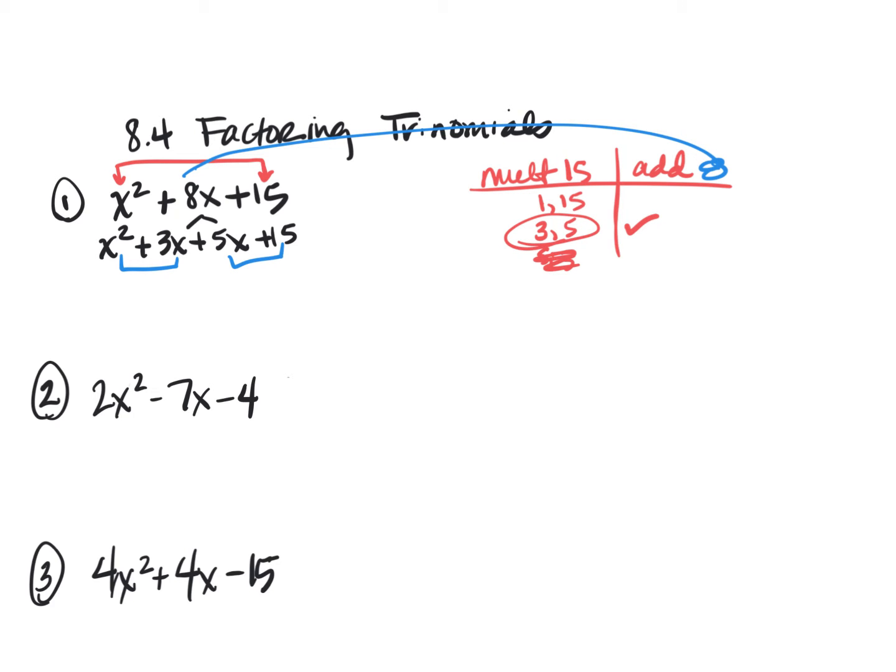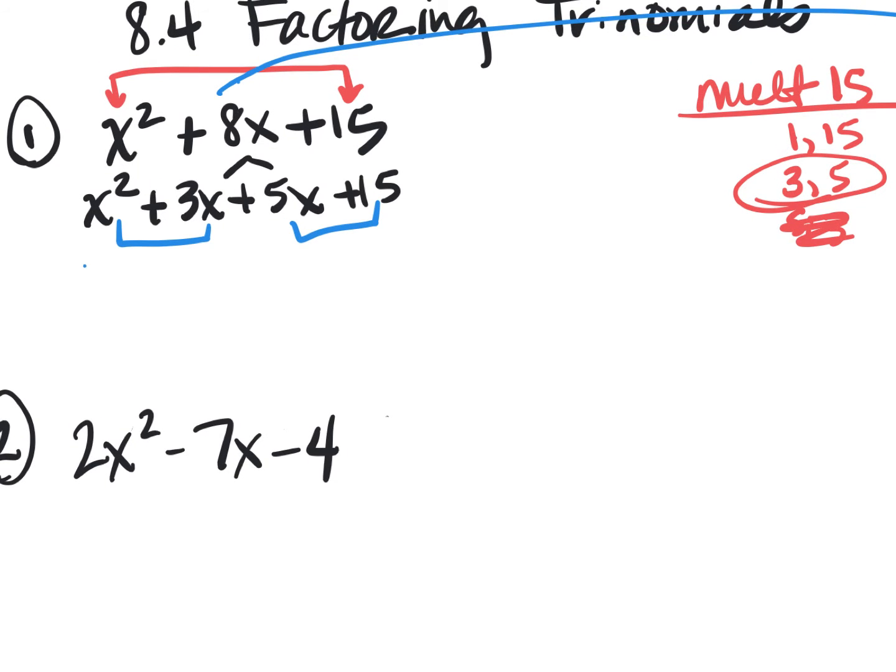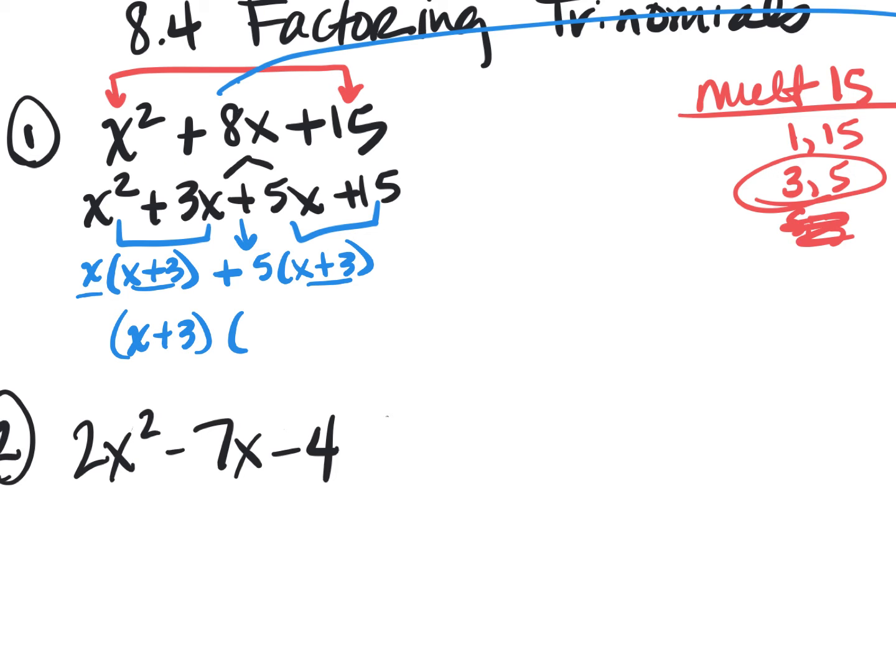So now I'm going to have the GCF, x times x plus 3, bring that plus sign straight down. GCF between the back two terms is 5, so I'll have x plus 3. And notice what they have in common, the x plus 3. So x plus 3, and then what's left over is x plus 5. And now I've factored my trinomial.